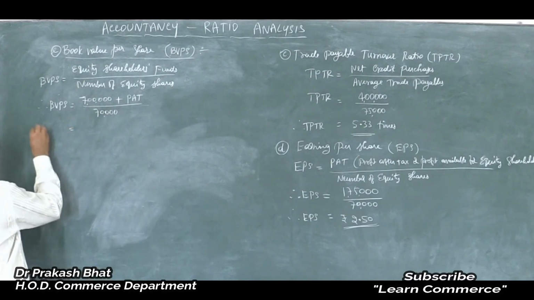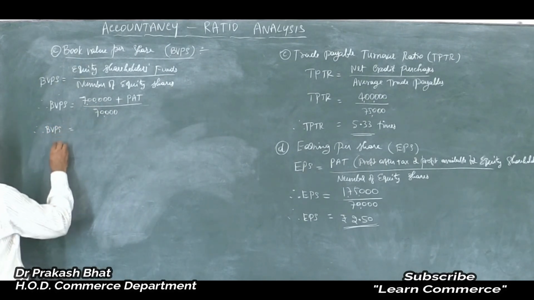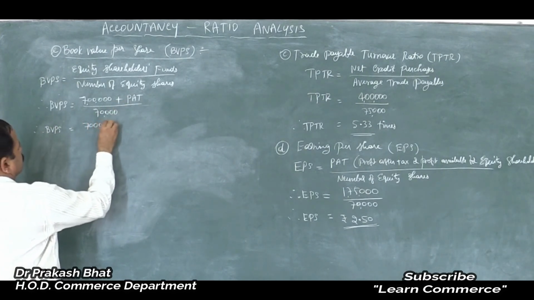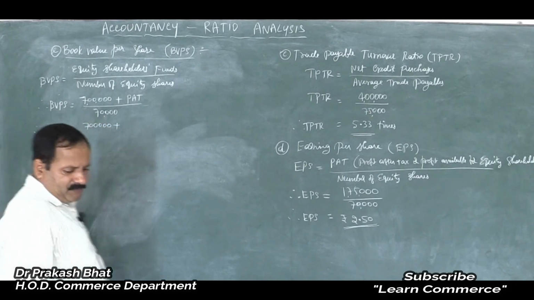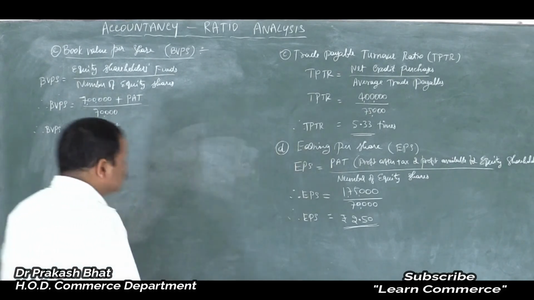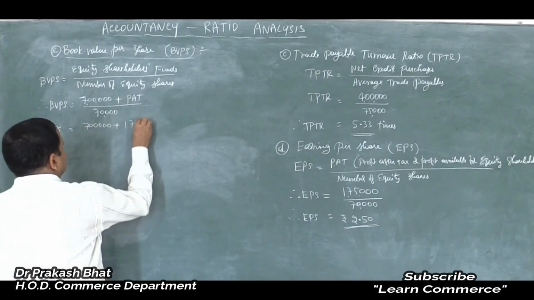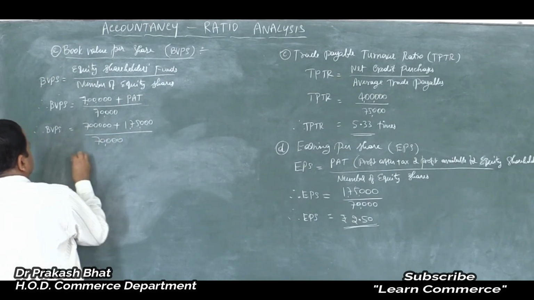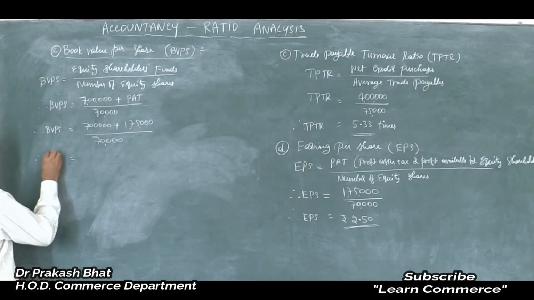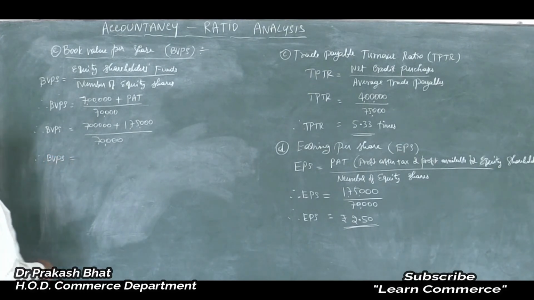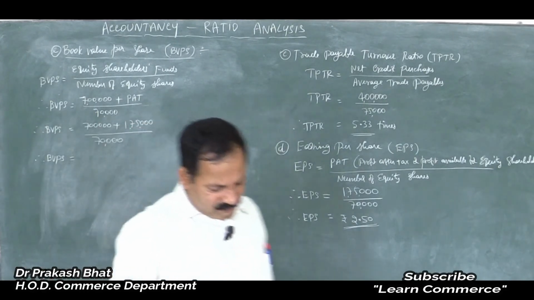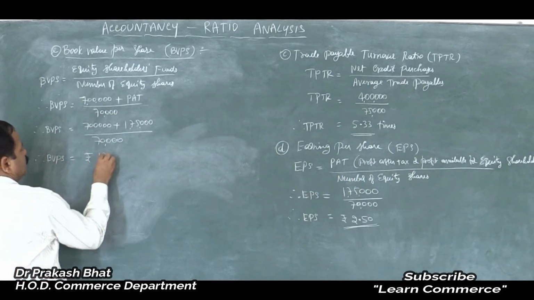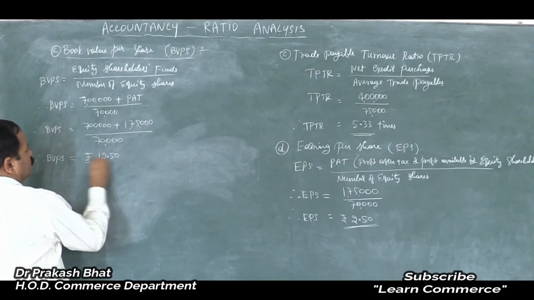Therefore BVPS is equal to 7 lakh plus, how much is the PAT? Is it 1,75,000? Yes, it is 1,75,000 divided by 70,000. Therefore BVPS is equal to, how much is it? Rupees 12.50 per share.